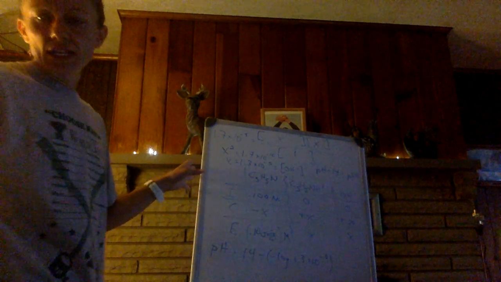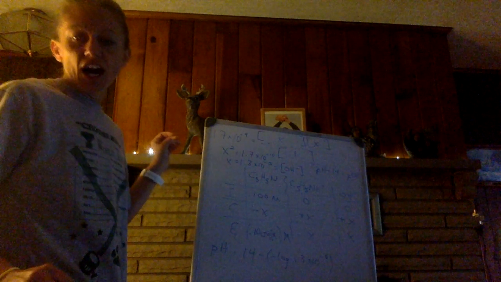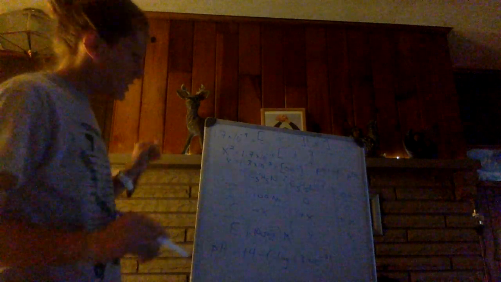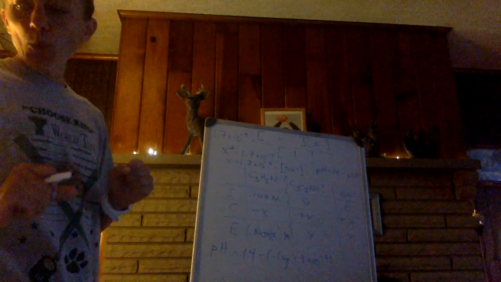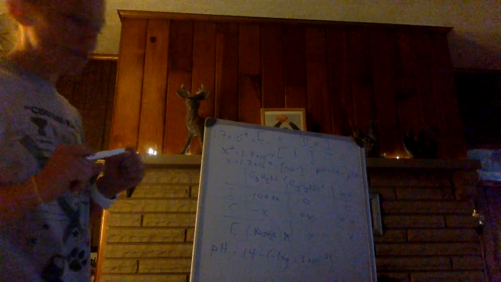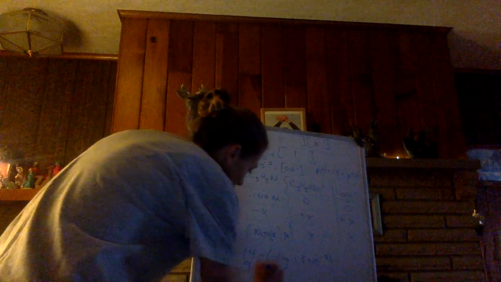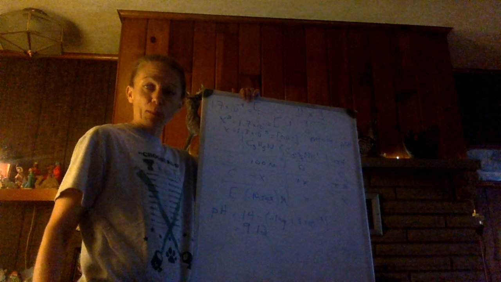For the log part, I got 4.885. So 14 minus that gave me a pH, and I hope you guys can still see this, I'll hoist the board when I'm done, of 9.12 when I finish that problem.